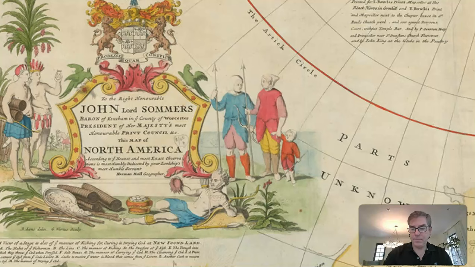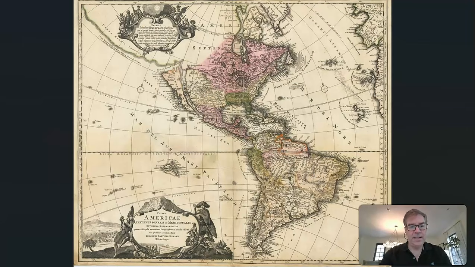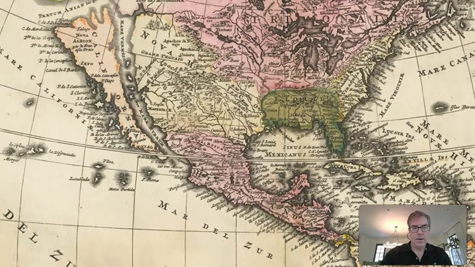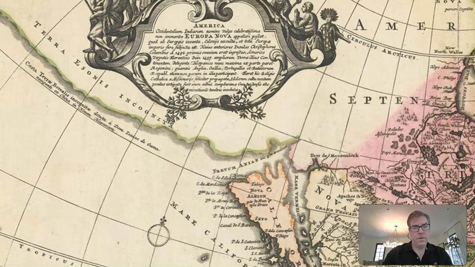Why is that? You can see it here again in this map of North America. In the upper left-hand corner, unknown land. Terra Iesso Incognito, which basically means land that is, esso to be or being.